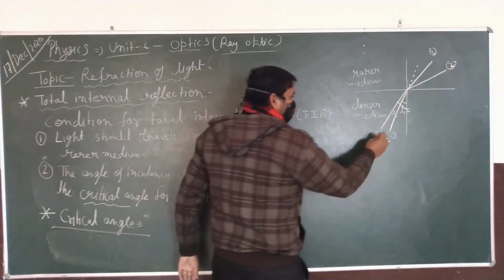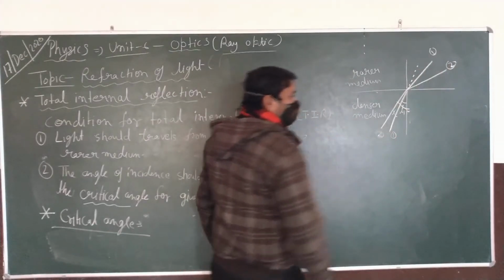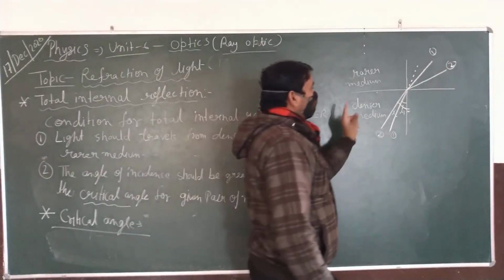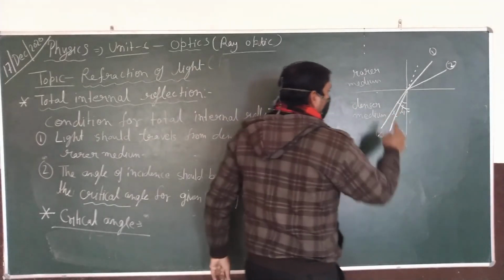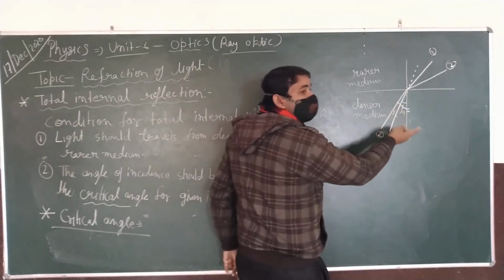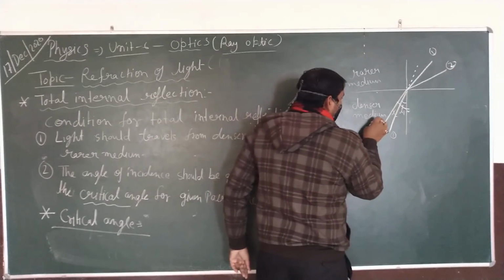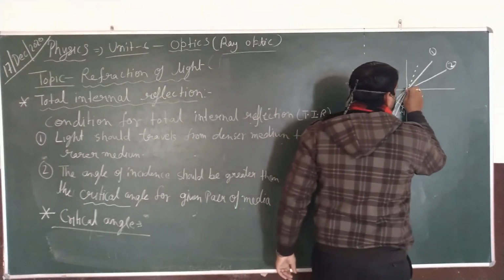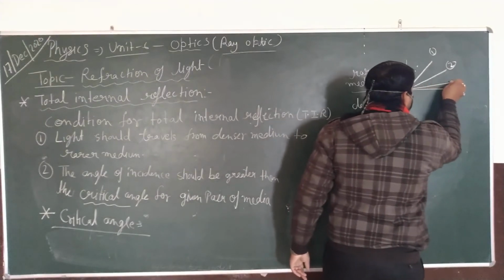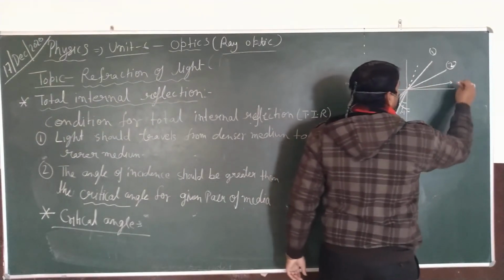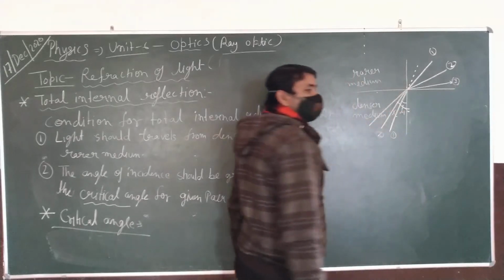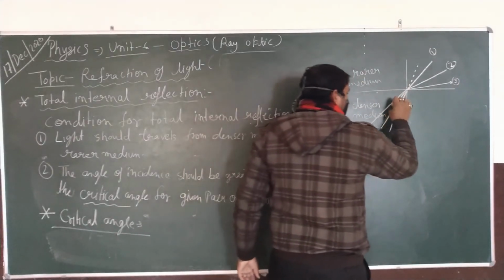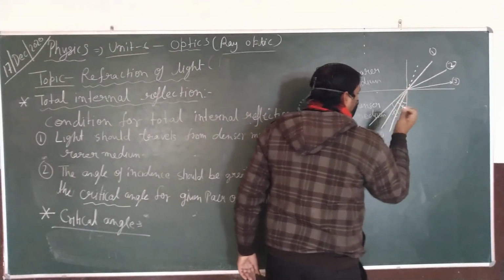Clear? This is your second incidence. If we take another ray with a larger angle, then we observe that the refracted ray nearly passes along the interface of the media. It is the third case, and this is the next angle I3.